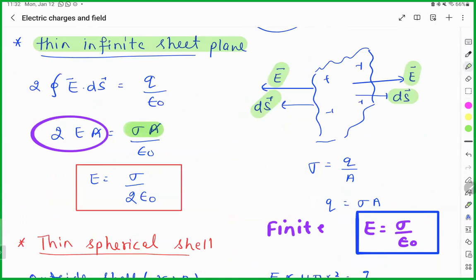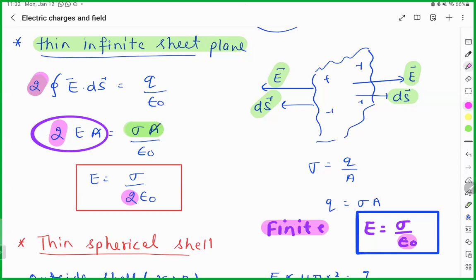But the most important thing in this case is this 2. I will mark it with this color. Most important thing is this 2, because when you take an infinite sheet, you take both sides. That's why 2 is the most important thing. If you take a finite sheet, then you will consider only one side. For finite, one area.